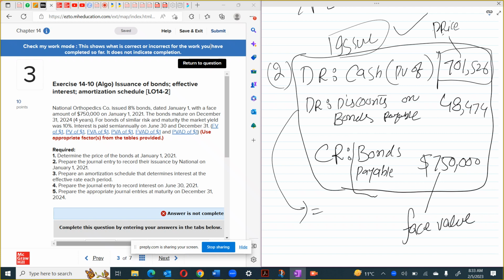That's why I told you, if you do homework directly, it's not a good thing. Learn the concept first, then apply it. That's very simple. The next is bond interest expense, and always learn from the questions.